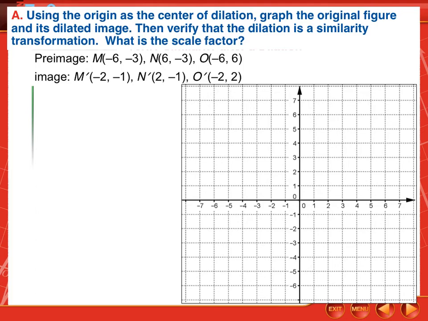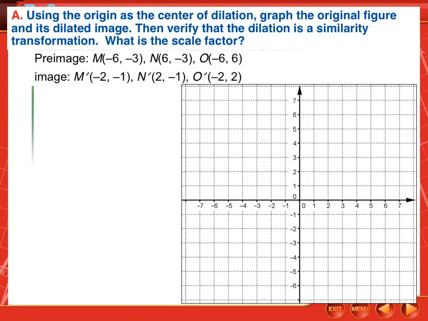Okay, using the origin as the center of dilation, graph the original figure and its dilated image. Then verify the dilation is a similarity transformation. What is the scale factor? So we have clearly triangles here, MNO, and M prime, N prime, and O prime. Alright, so our pre-image is the non-prime.